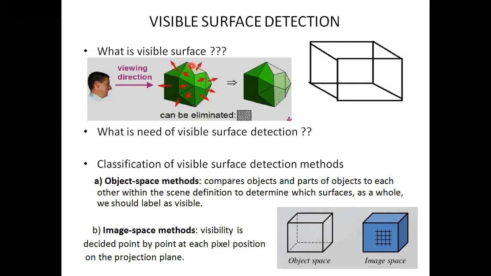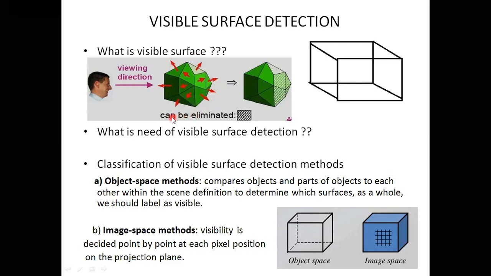Only these four faces are visible if I see from this direction, and all the other faces are not visible. So this is what we define as a visible surface.